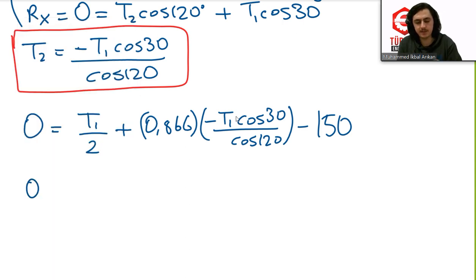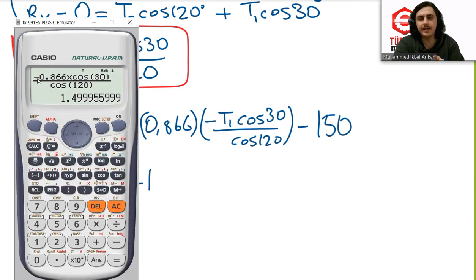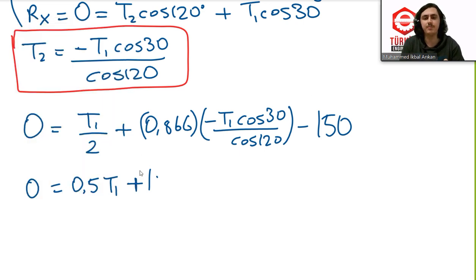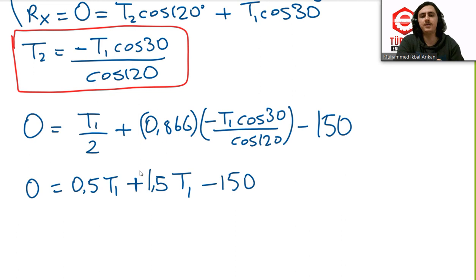So 0 will be equal to, actually this one is 0.5 T1, which is half. Because cosine 120 will give me a negative sign, negative divided by negative will give me positive. So I have here positive 1.5 T1, which is coming from this, minus this, they are equal to 0.